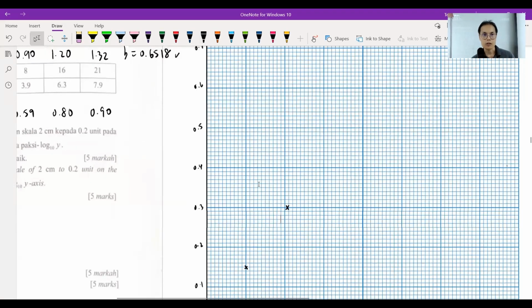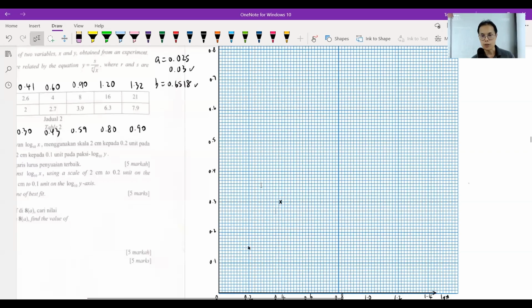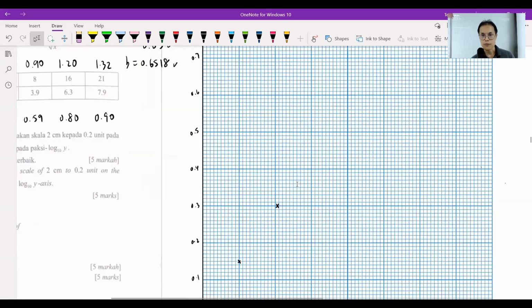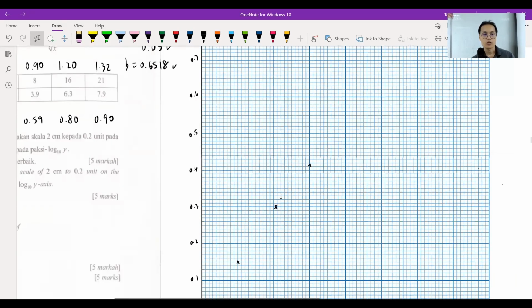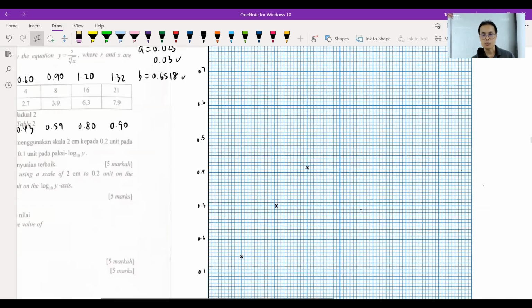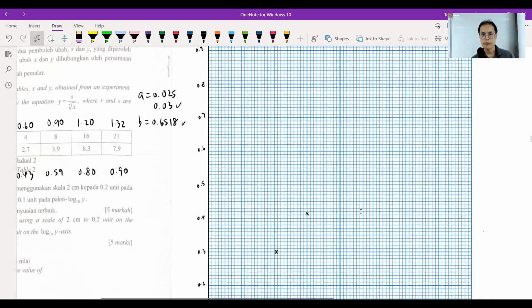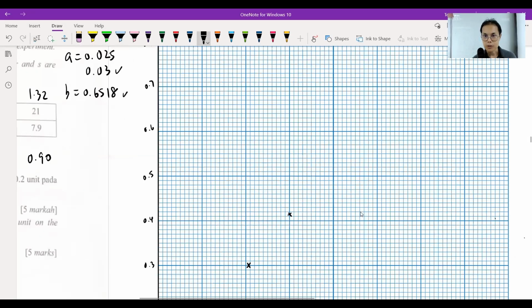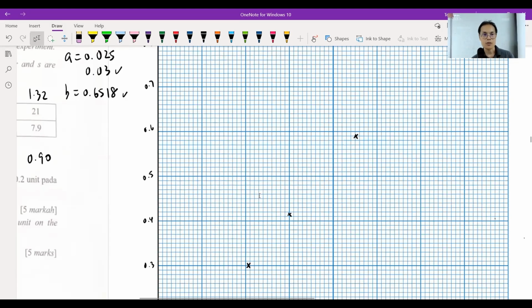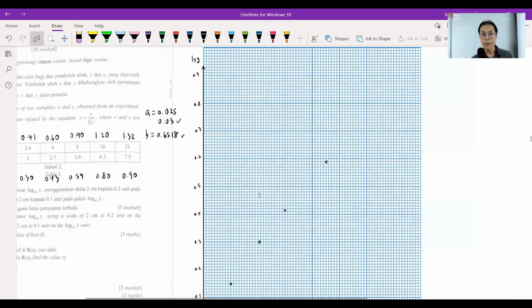Next one, I've got 0.6, 0.43. 0.6, 0.43 will be this point. Next, 0.9, 0.59. 0.59 will be here. Okay, next one, I got 1.2 and 0.8.